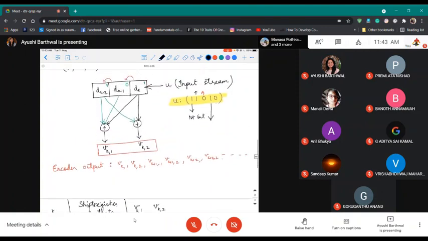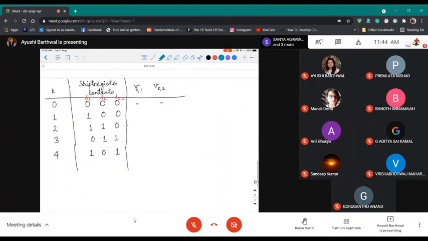Now for the fifth bit, 0 will enter. So 0 will be entering over here. This 1 will be shifted here. This 0 will be shifted here and the past bits will be removed. So past bits were represented by green color, so they will be removed. So the new contents of the shift registers are 0, 1, 0.